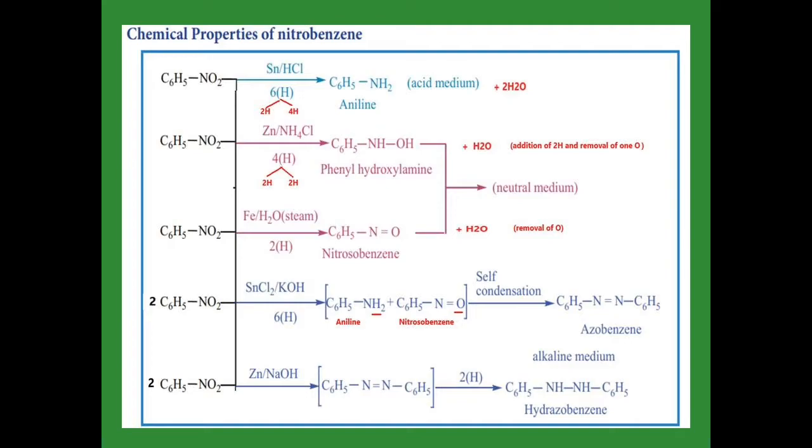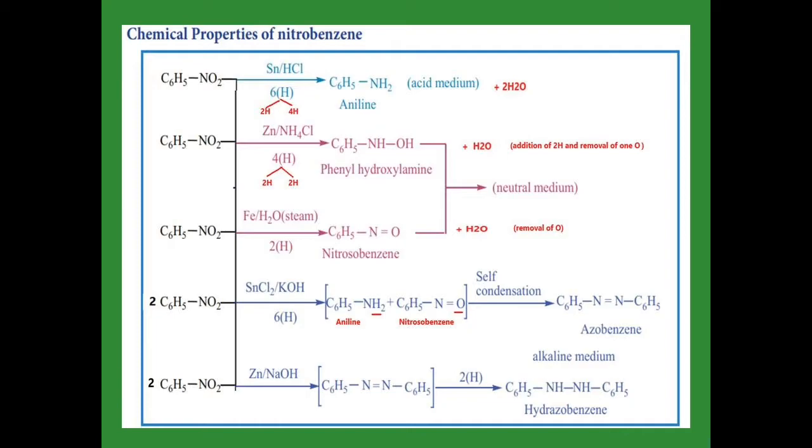The next one, 2 moles of nitrobenzene is added with tin chloride and potassium hydroxide. From one of the nitrobenzene, the 2 oxygen is removed. Instead of 2 oxygen, 2 hydrogen is added, meaning we get aniline. And in another mole of nitrobenzene, only 1 oxygen is removed, so we get nitrosobenzene.